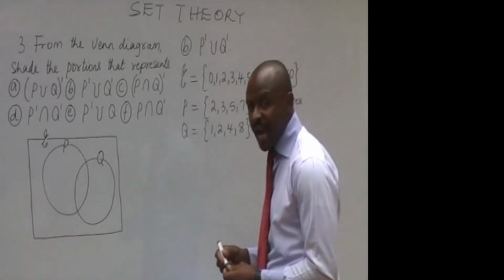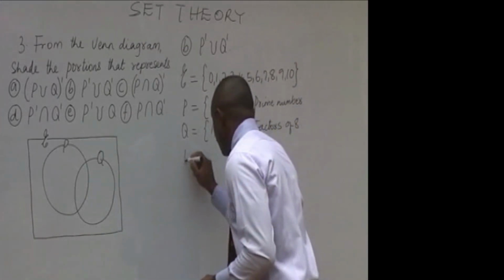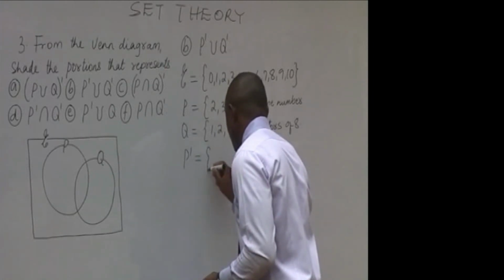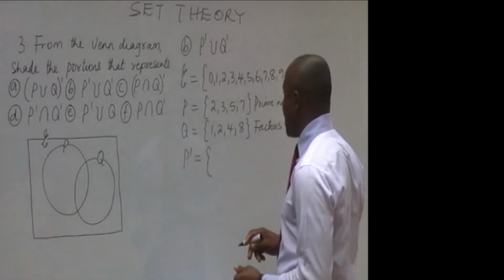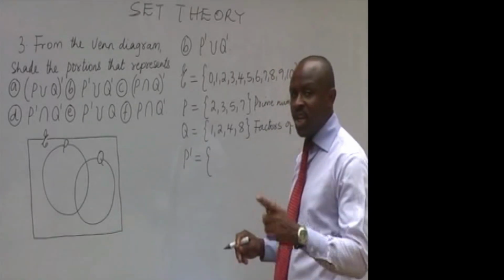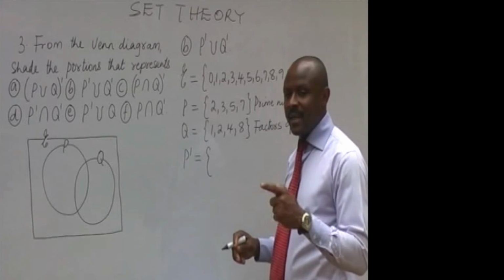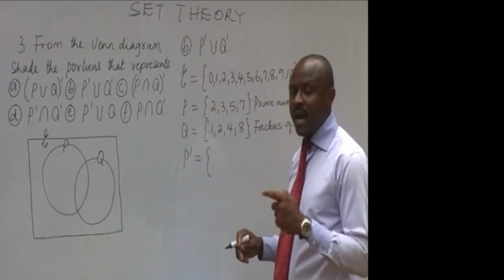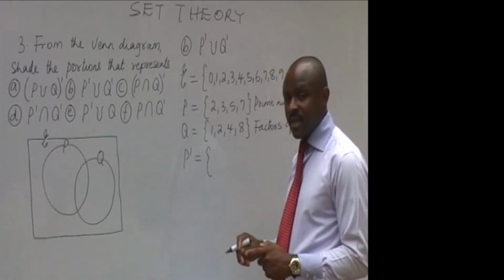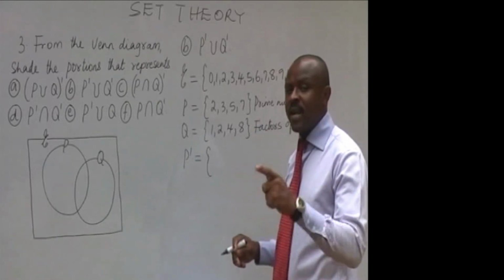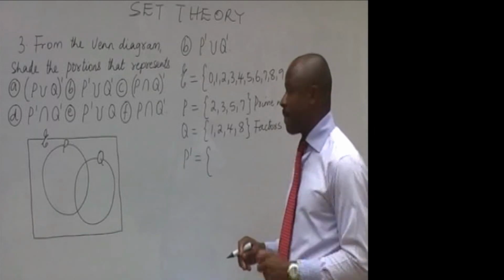First of all, let's find P prime. You know that P prime are those numbers you can find in the universal set that you cannot find in the P set. Those members of the universal set that are not found in P are called P prime.